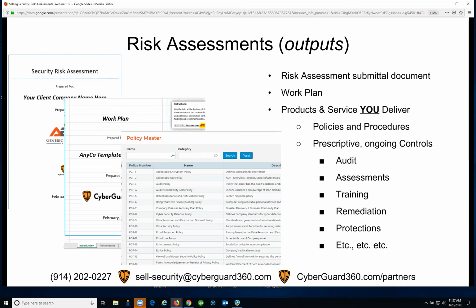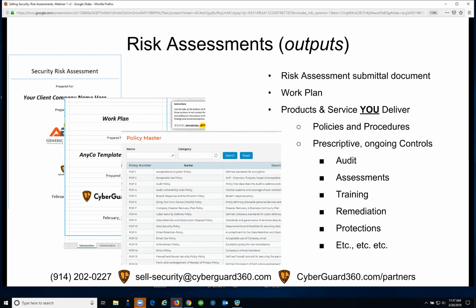They include things like follow-up audits, which, by the way, will need to be annual and/or when the environment materially changes. That is the language of the regulations. When the environment materially changes, you must do another audit and another assessment.